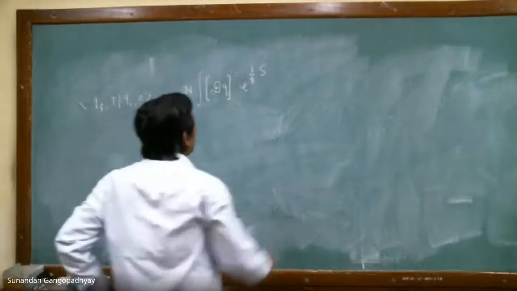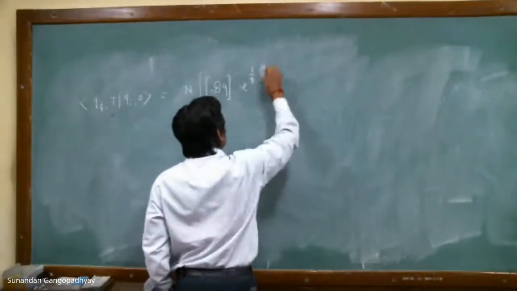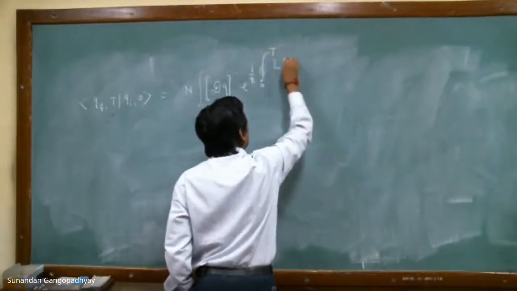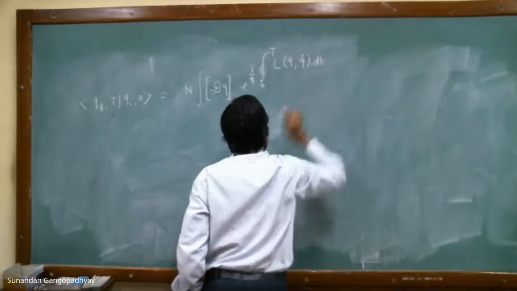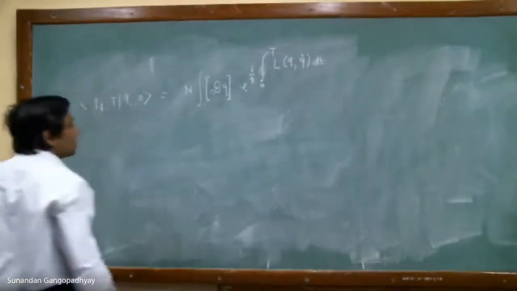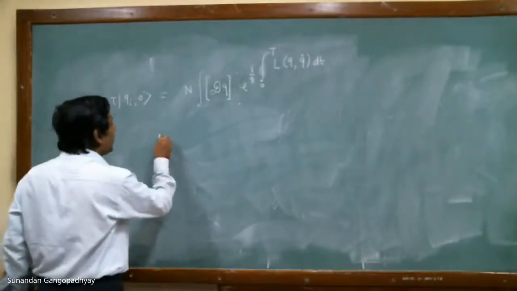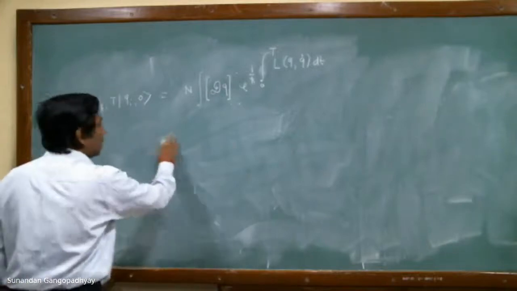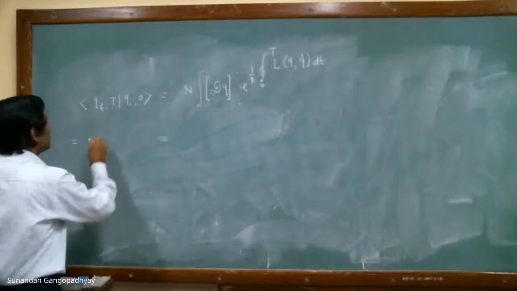Over here, e to the power of i by h bar times the action, and this action is the integral from 0 to T of the Lagrangian L(q, q dot) dt. This is what we discussed in the previous lectures, and what we can do now is play a very simple trick that I discussed in the last class already.